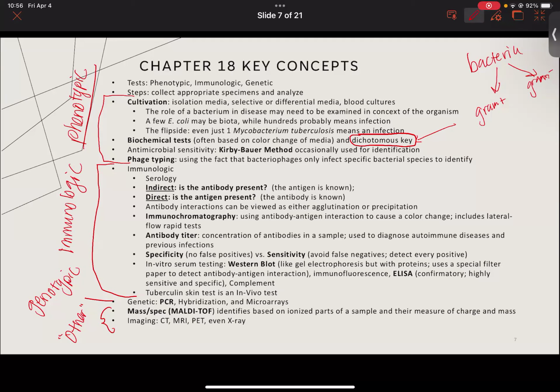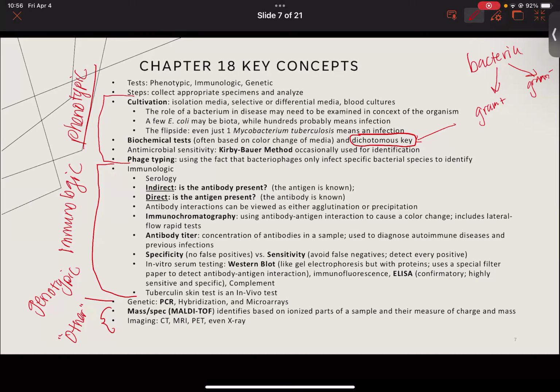That process of still thinking of if you are gram positive or gram negative, if you are a coccus or a bacillus, if you are positive or negative for endospores, if you are positive or negative for the acid fast test, if you grew on staphylococcus media or didn't grow on it, if you turned your phenol red fermentation glucose broth yellow, those things are taking all of that stuff into consideration, which is exactly what we're doing in the lab. That process of thinking of if you're positive or negative for this trait, that is the theory of the dichotomous key.